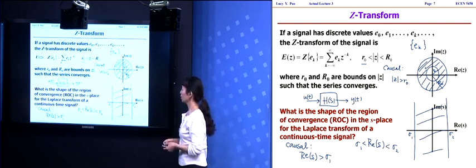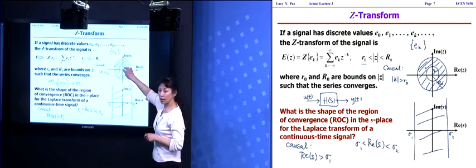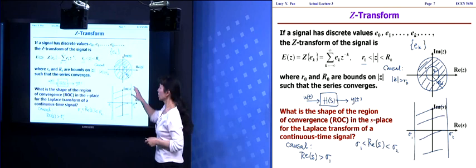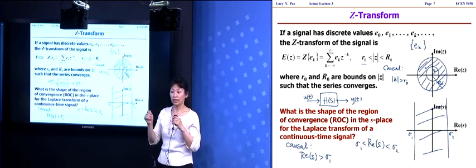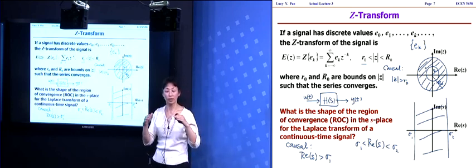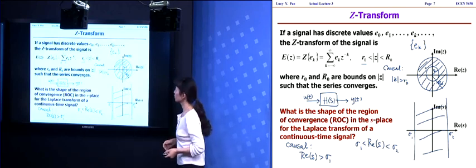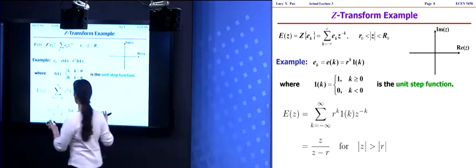And so what we're ultimately going to see is that we want all poles inside the unit circle, because the region of convergence for a causal sequence, which is mostly what we're going to deal with, is everywhere outside of a disk that has radius equal to the largest pole. And so if that largest pole is inside the unit circle, then the region of convergence is going to include the unit circle, and it'll be a stable sequence. All right, so let's look at a specific example.